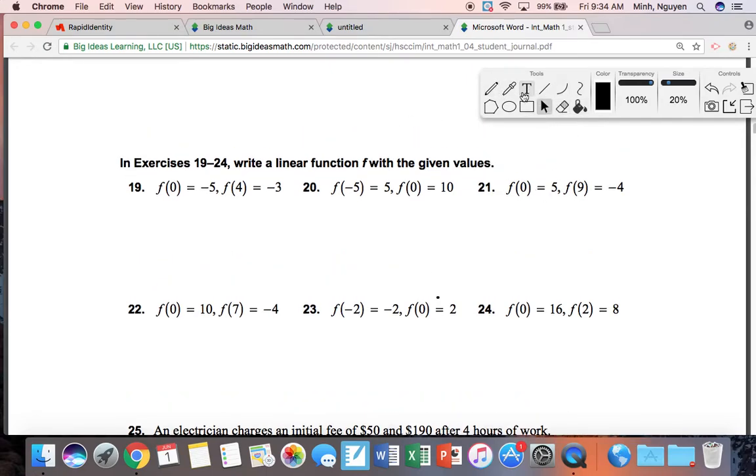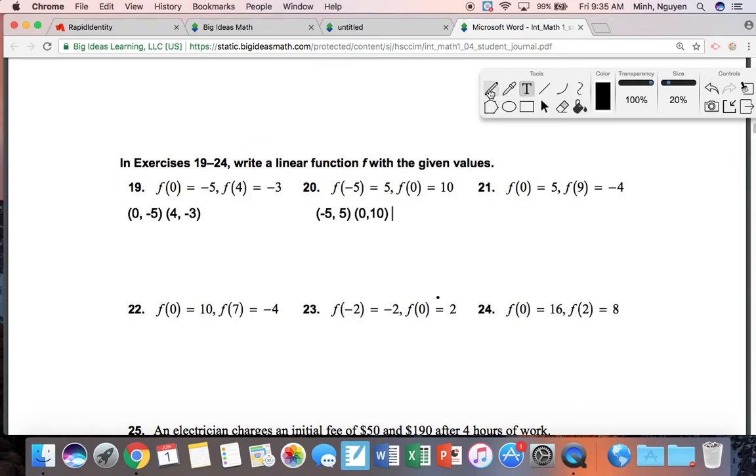So before we actually get into this, I'm just going to rewrite these exactly to be the exact same as the last section. So we have ordered pair 0, negative 5, 4, negative 3. We have negative 5, 5. We have 0, 10. As a reminder, these are in function notation.